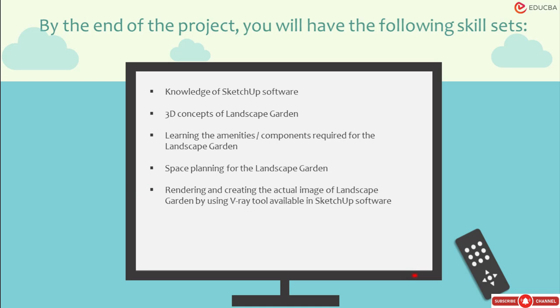There are certain tools called V-Ray tools available in SketchUp, or otherwise we can download them from another source later on, and after that we can apply them to our completed landscape 3D view to see how the actual image of the landscape garden looks. So V-Ray tools are important and useful to create the actual rendered image of the landscape garden.